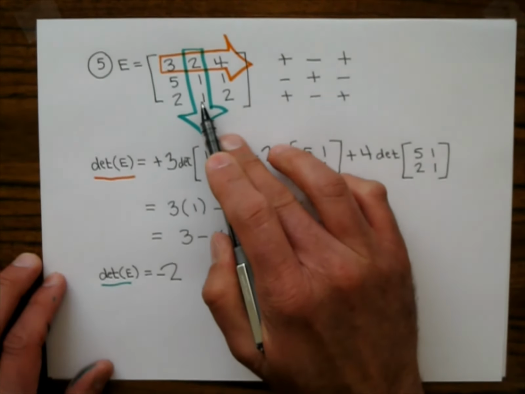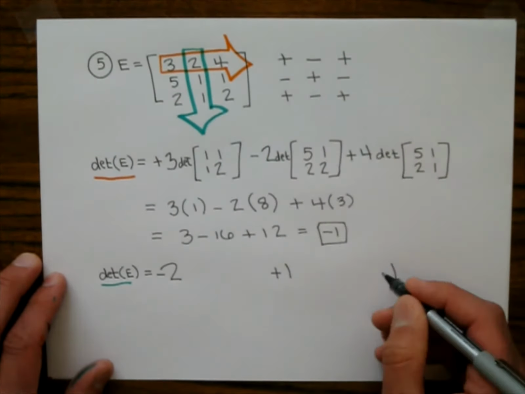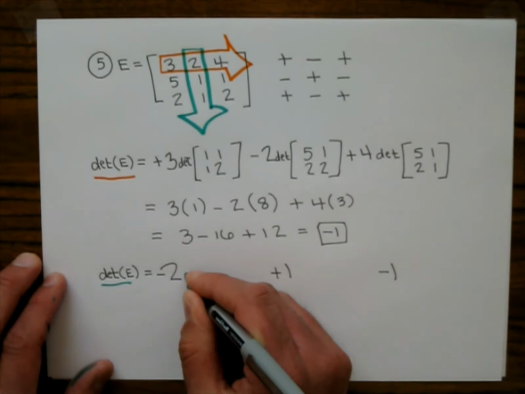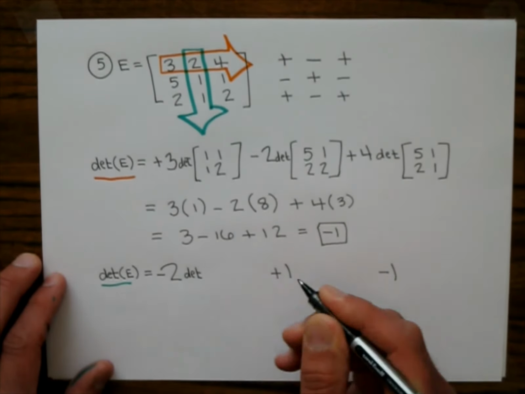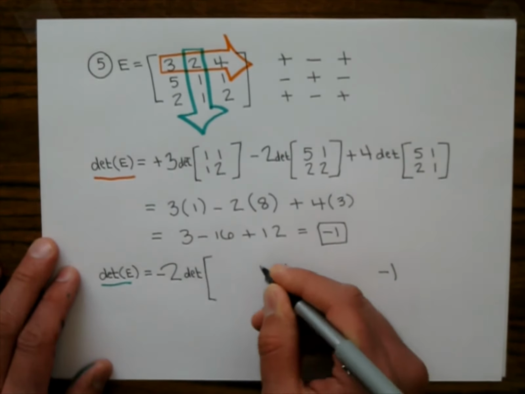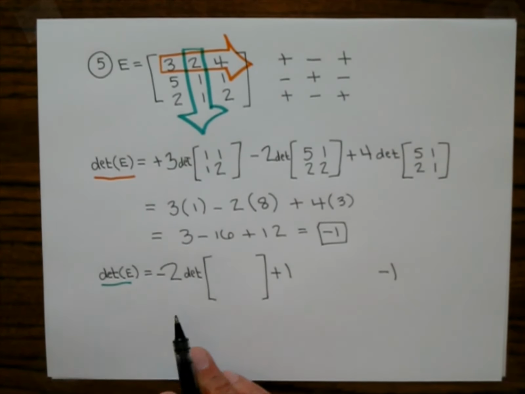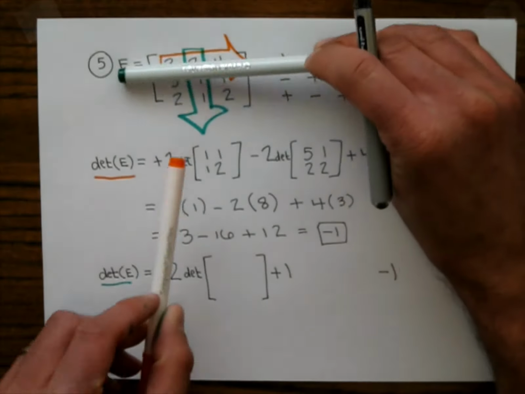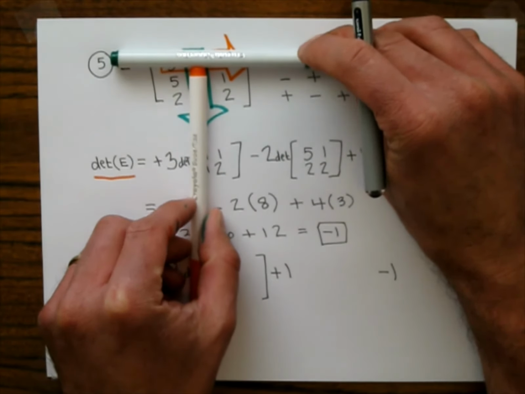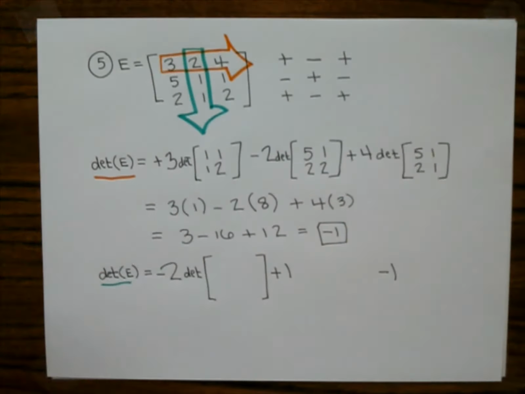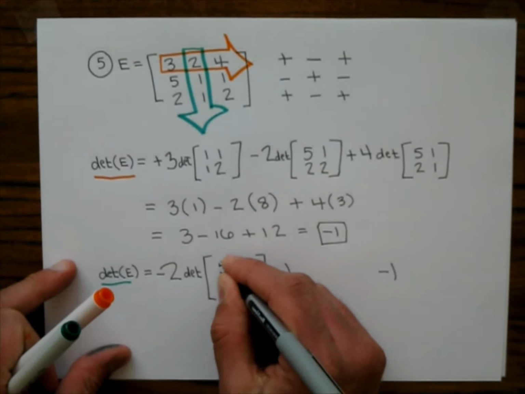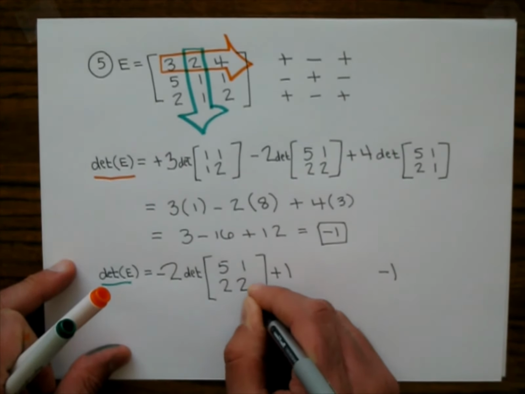And then this one down here is in the negative position. So this is going to be times the determinant of the row and column that you get when you cover up that 2, which is 5, 1, 2, 2.